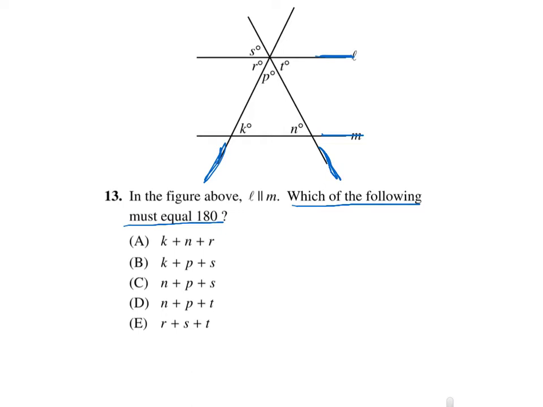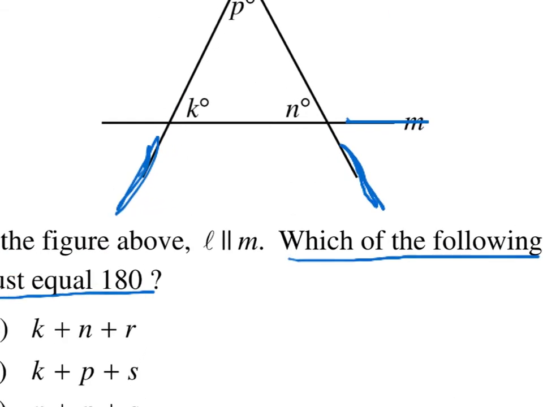My best suggestion for this is to make the observation that all of the answers are variables, which means we can pick numbers for the variables and then test the answers using those numbers. The first thing we have to do, though, is a little bit of what I call angle chasing, where we label the picture.